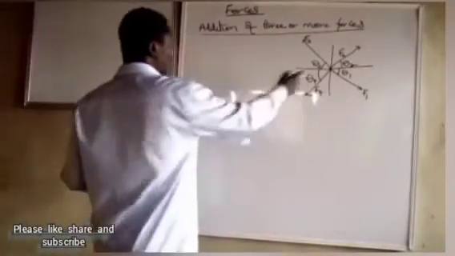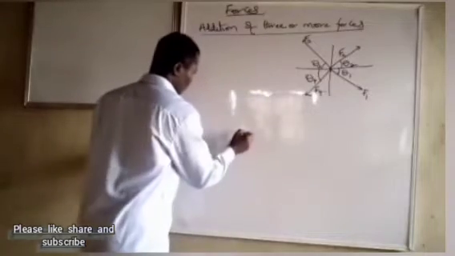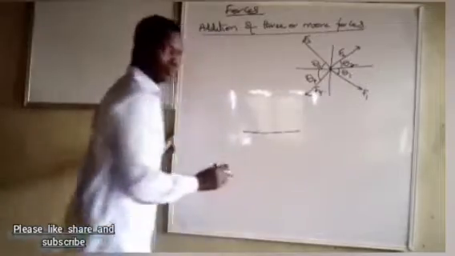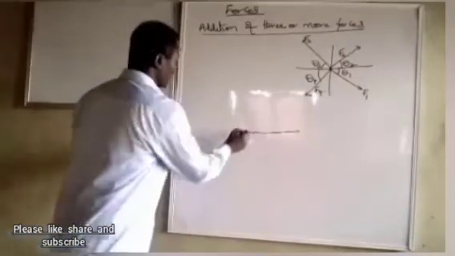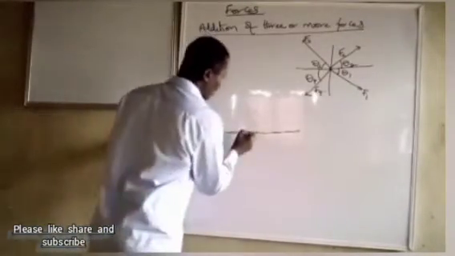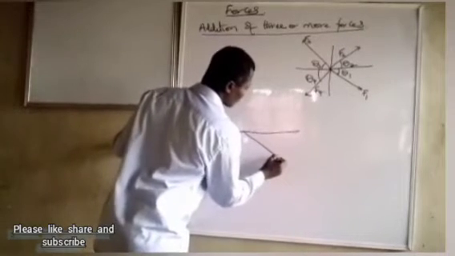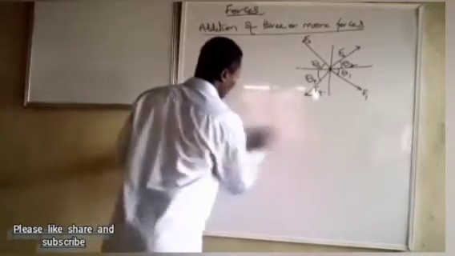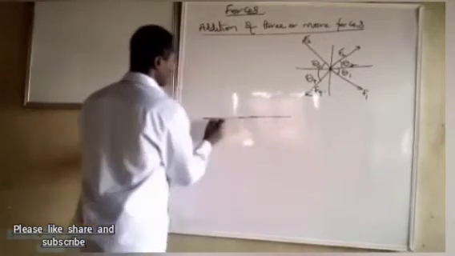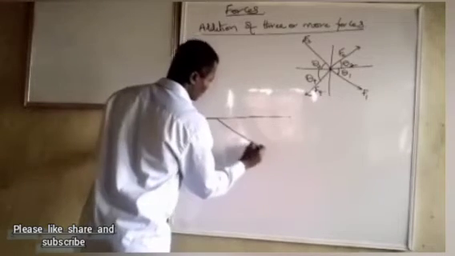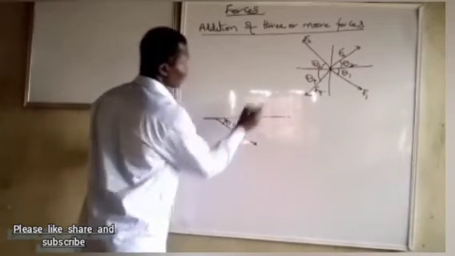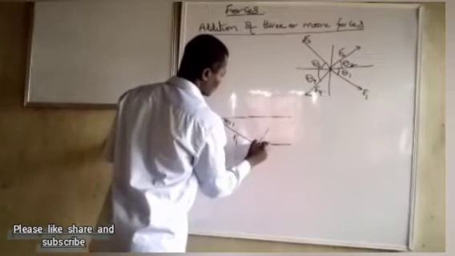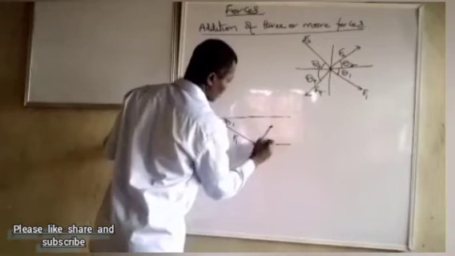Now, let us use the triangle method, taking them in turns. Let me start with F1. F1 comes down, theta 1, F1. To add F2, I will do something like this, and this is F2.